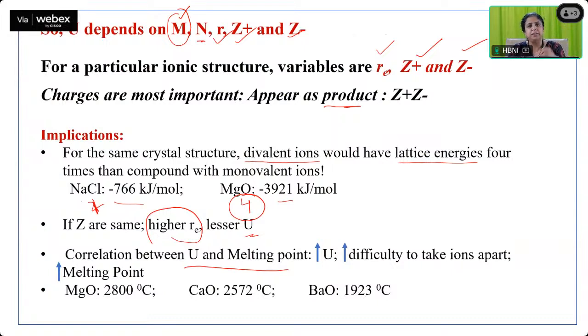The higher the lattice energy, the more difficult it is to take the ions apart, so the melting point would be higher, right? As you see here, the melting point decreases as we go from magnesium to barium. As we go from magnesium to barium, the size increases, the radius increases, the interatomic distance increases, the lattice energy decreases, and your melting point decreases.